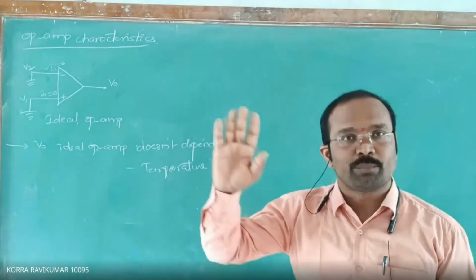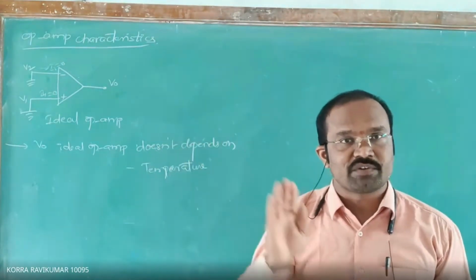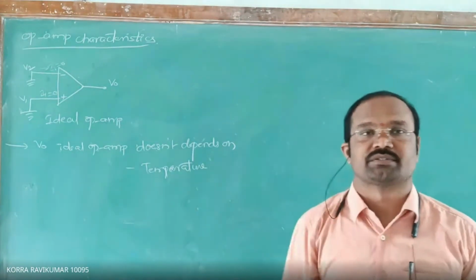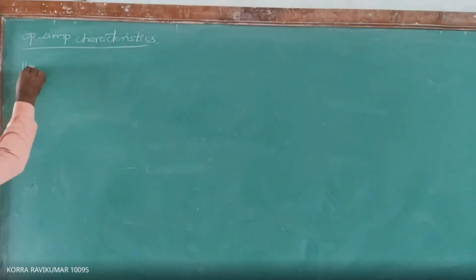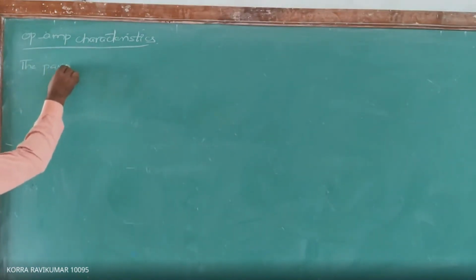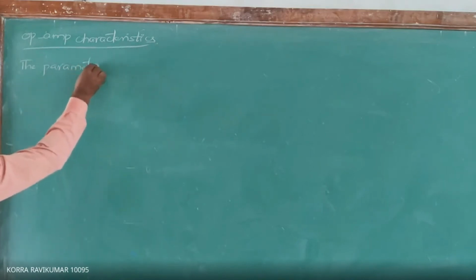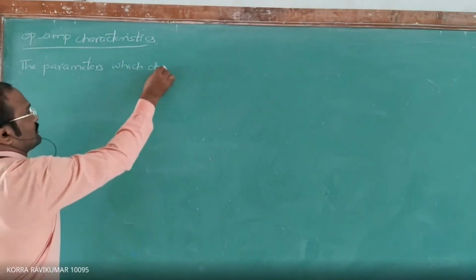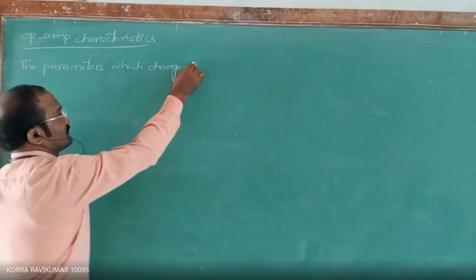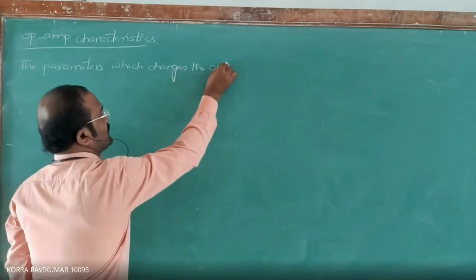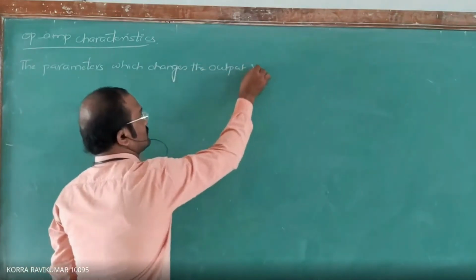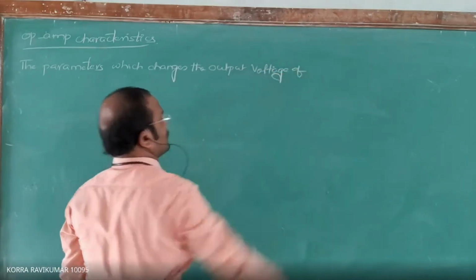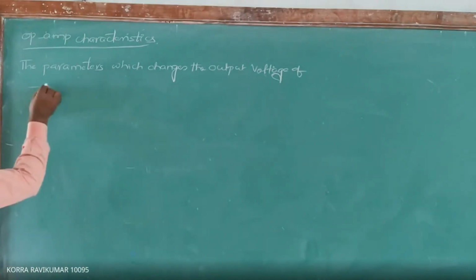The reason is there are a few parameters which directly influence the output voltage of the practical op-amp. What are those parameters? Let us see. Parameters which change the output voltage of a practical op-amp.